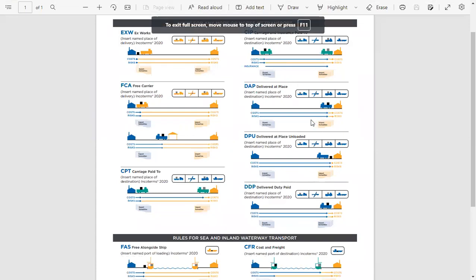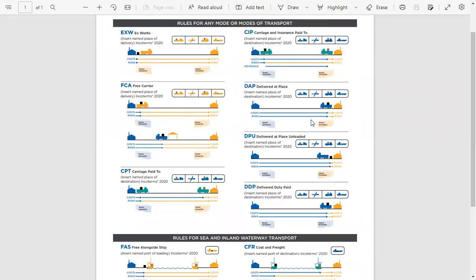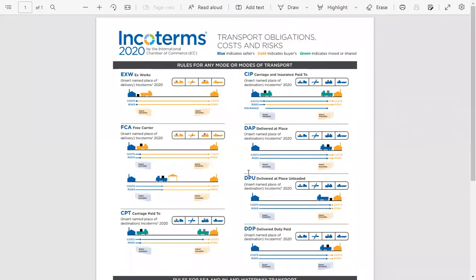Okay, let's come back. Regarding D group, there is an update from Incoterm 2020.